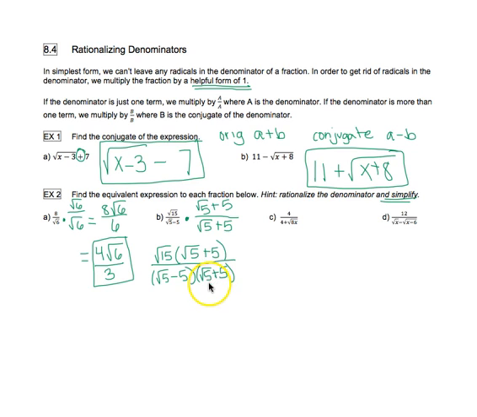Now, in the denominator, these are binomials, which means to multiply them, I actually have to FOIL. So I'm going to keep the top the same for now. And in the bottom, I have to FOIL. So radical 5 times radical 5 is just a plain 5. The reason we use the conjugates is because if I look at my outside and my inside terms, I have positive 5 radical 5 and negative 5 radical 5.